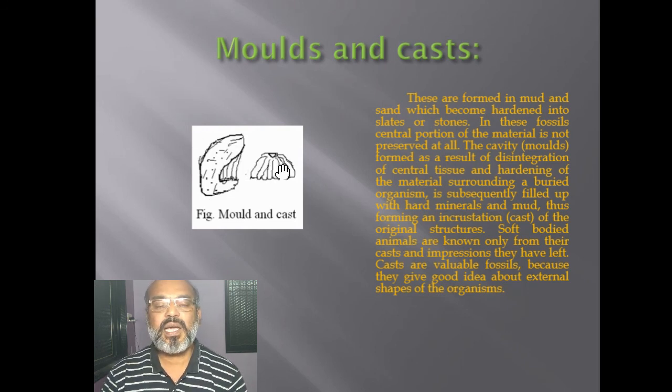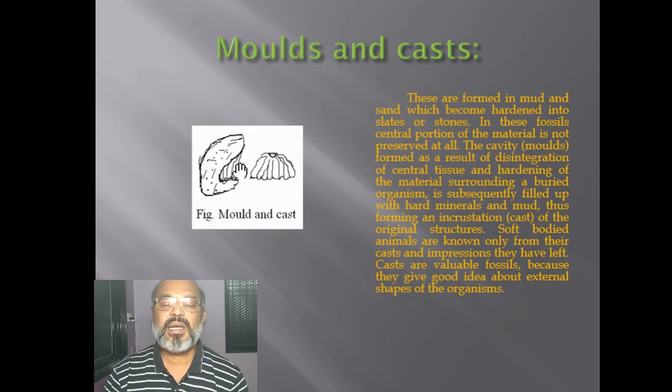Friends, now see here, this is the mold and this is the cast, which is formed by the replacement of the organism by hard minerals such as iron oxides, iron pyrites, silica, melasites, and so on. The surrounding part becomes hardened and forms a cavity.